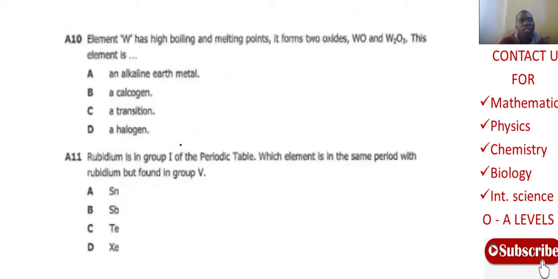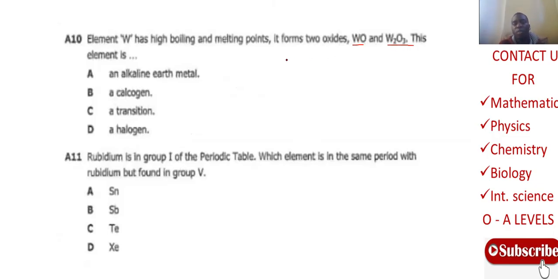Question 10. Element W has high boiling and melting point. It forms two oxides. So it forms WO and W2O3. You can see the valence of W here is different from the valence here. The valence here is 2, but the valence here is 3.